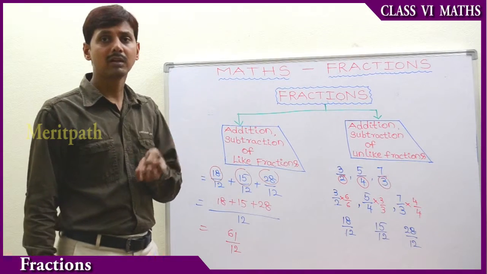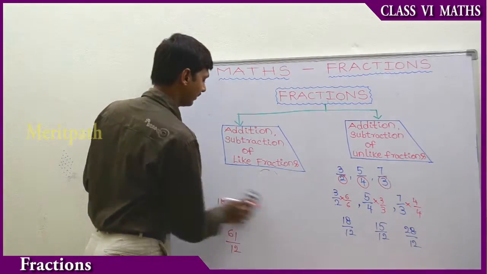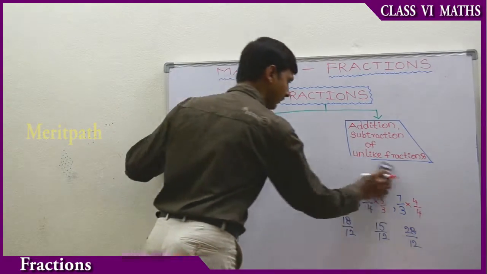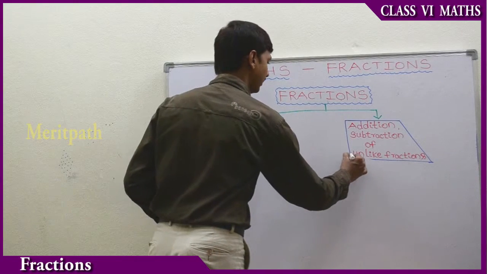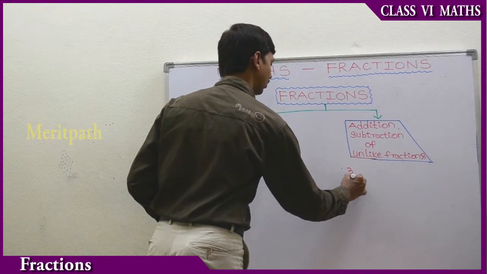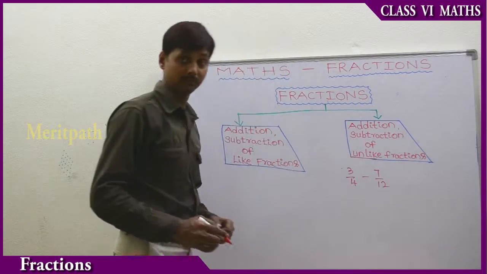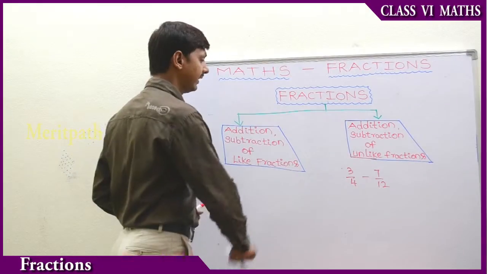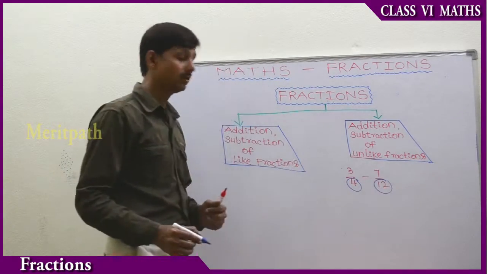Let's take an example of subtraction. The same process applies. Now we have addition; let's take one example, 3 by 4 minus 7 by 12. We need to subtract these two.